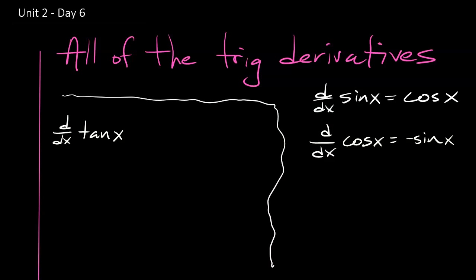The first 2 trig derivatives that were discovered were sine and cosine. And for quite a while, those were the only 2. Then once somebody created the product rule and quotient rule, well, that fully allowed you to find all of the trig derivatives, because tangent can be written as sine over cosine.